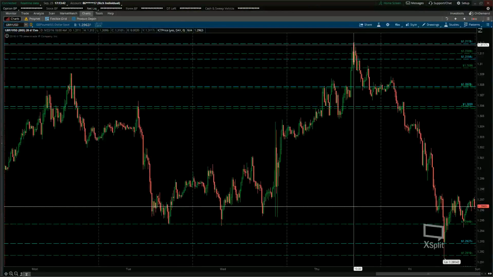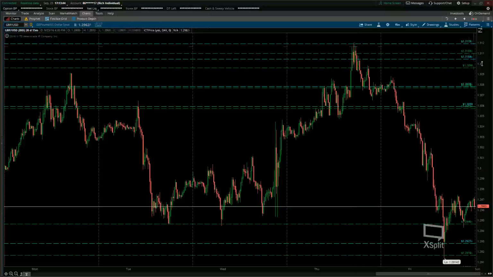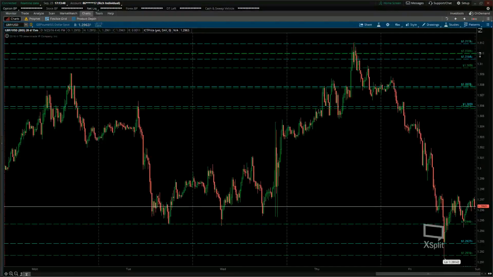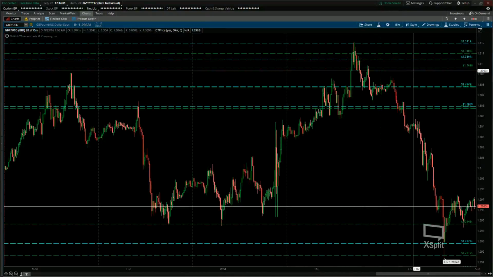So not 13, 1.3120, and the high that we're showing here was 1.3119. So one pip, which is 4 decimal places, or 1/10,000th. And start to respect how close that is coming from daily and weekly levels.